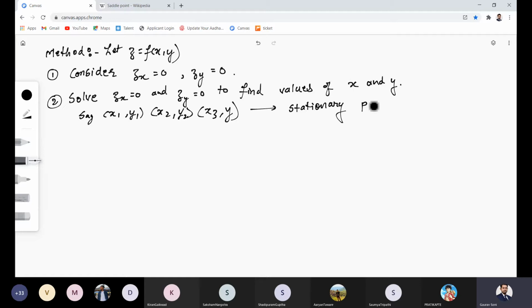What is our task now? I want to identify whether those are maximum values, minimum values, or saddle points.